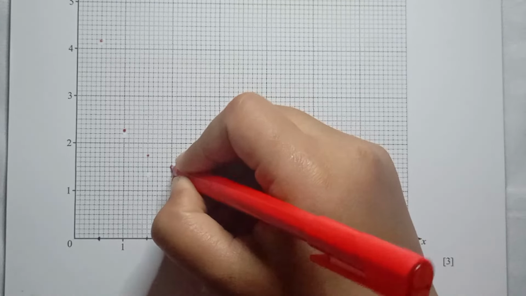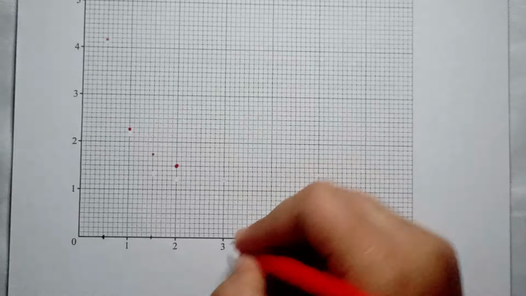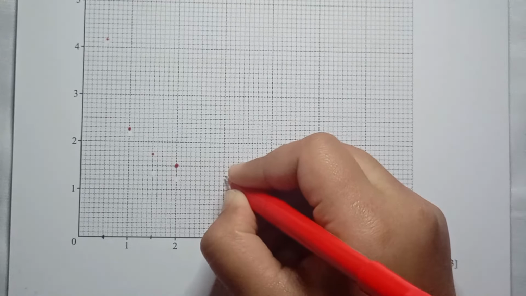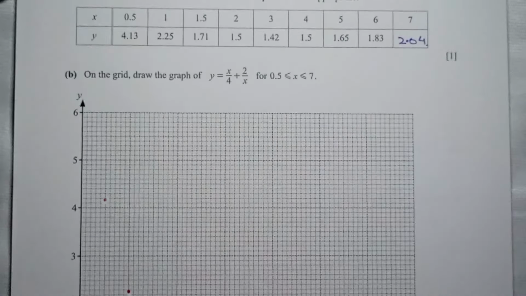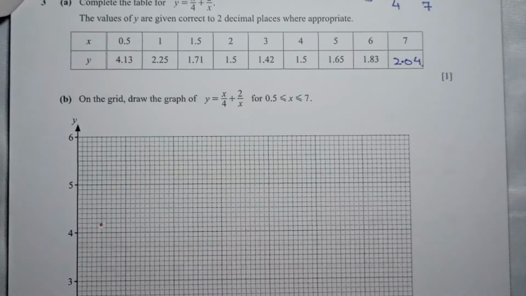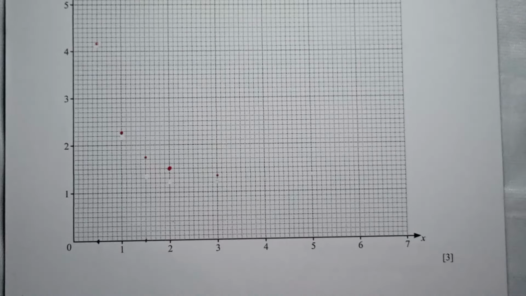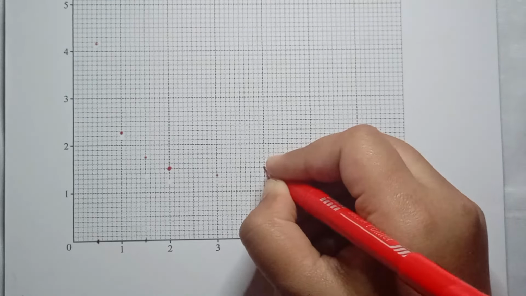This point is 1.5. When x is 3, it is 1.42. When x is equal to 4, it is 1.5 again.